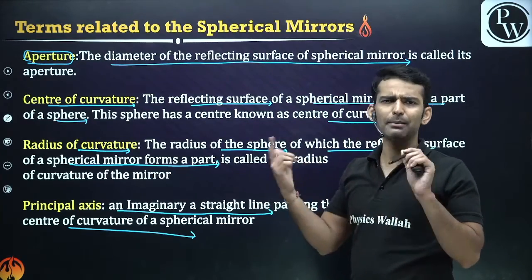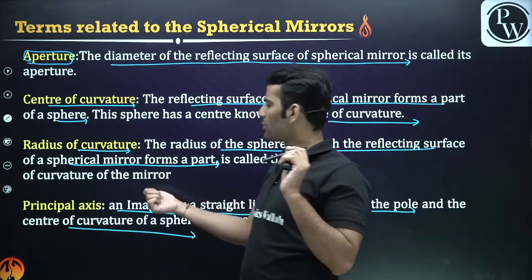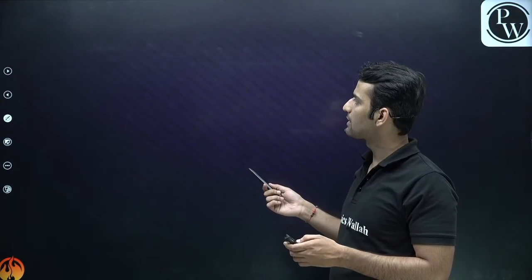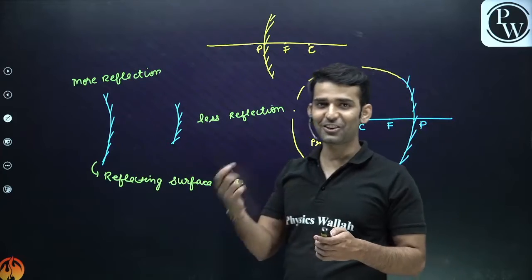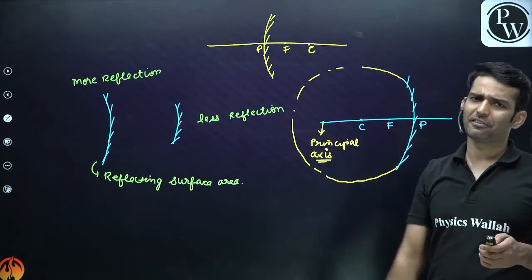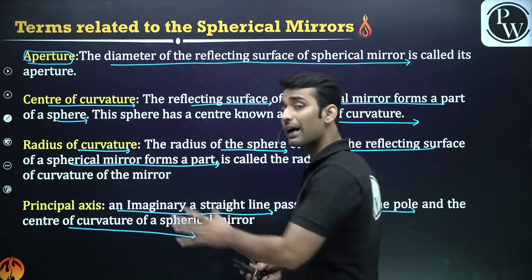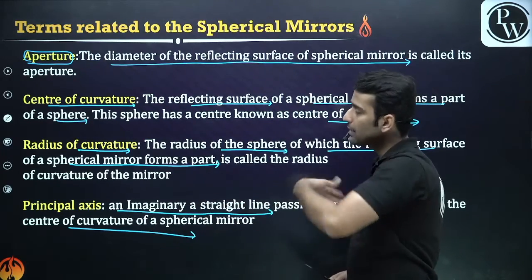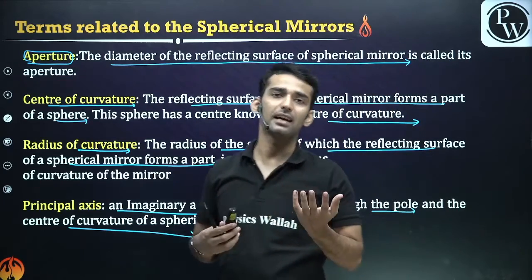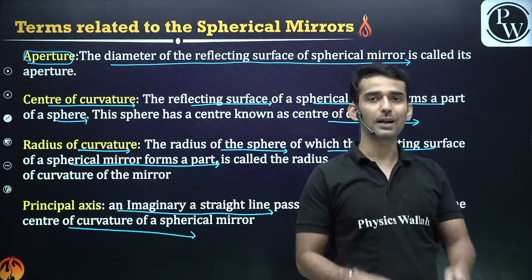I can recall my board examination, I had a question: define principal axis and define center of curvature. I think it was a 3-marker question, so I had to write the definition of both. If you write these definitions, you will get full marks, because these are exact definitions from NCERT. Is it clear? Should I move forward now?